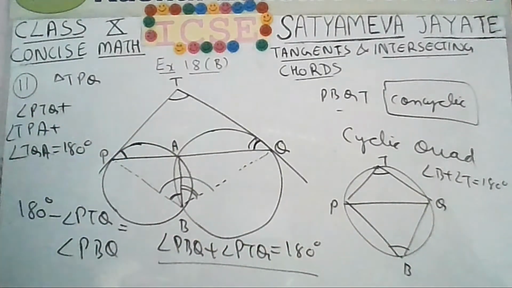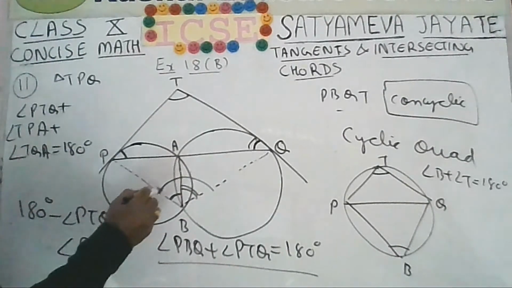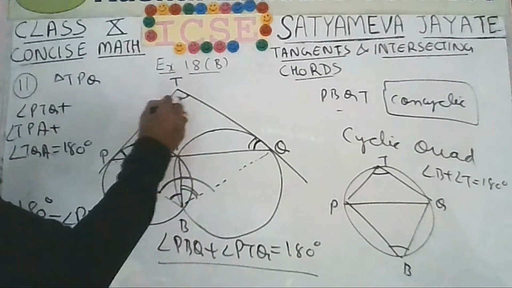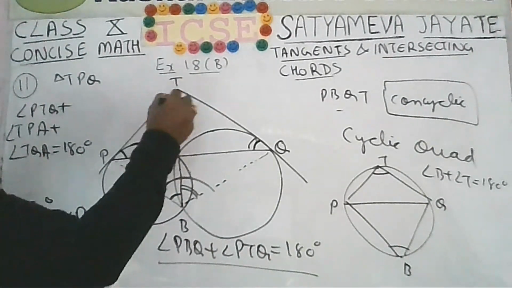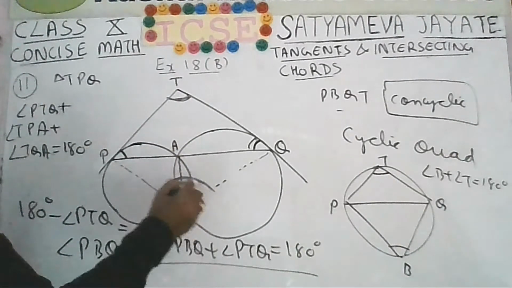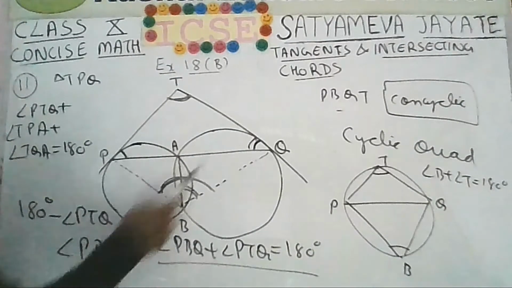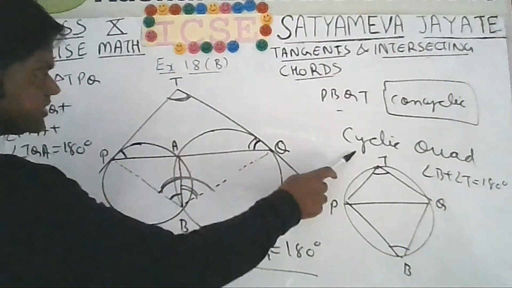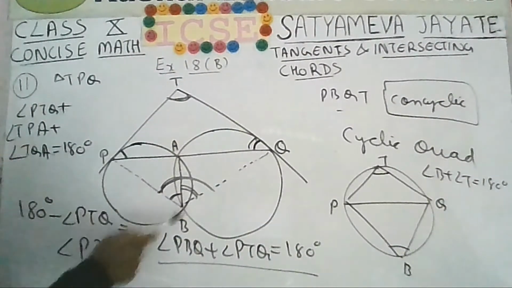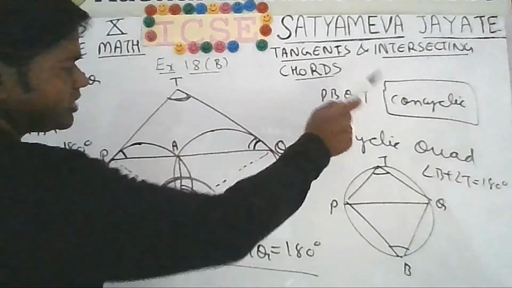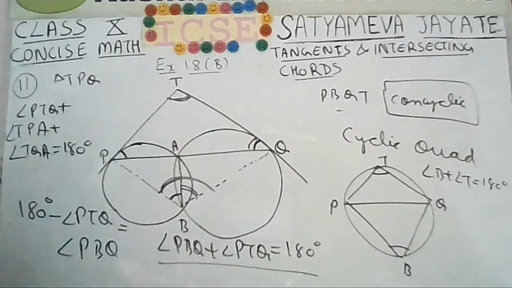That is, PBQ and PTQ are supplementary. If the sum is 180 degree, it clearly shows that PBQT must be a cyclic quadrilateral, or in other words, PBQT points are concyclic. Okay, so like this you can do.